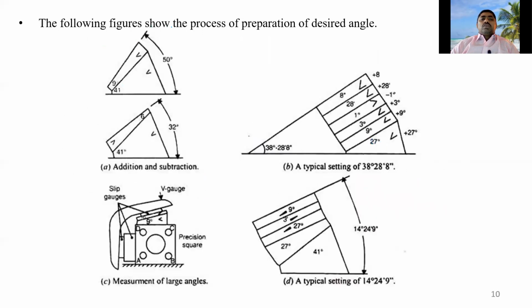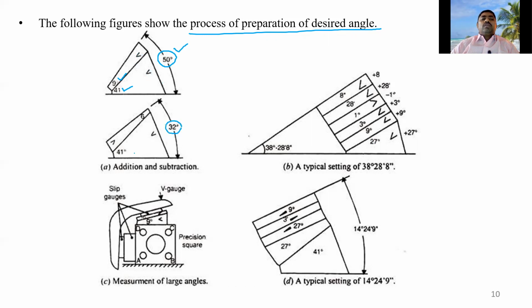This figure shows the process of preparing the desired angles. Suppose I want to set the angle 50 degree using the angle gauges. I have a 41 degree angle gauge and a 9 degree angle gauge, so I can add these two to get the 50 degree angle. Now I want to get a 32 degree angle.